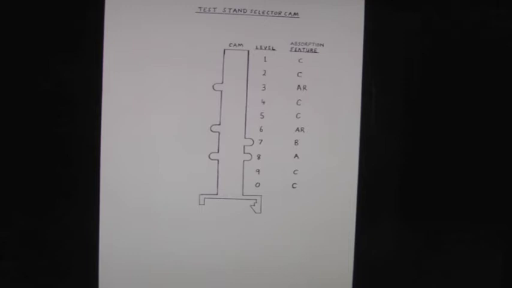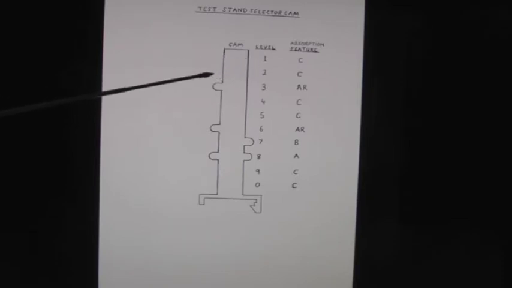We'll be describing these features in detail as the video progresses. Right now we'll just describe the cam setup for each feature. So here you can see that on levels 1 and 2 and 4 and 5 and 9 and 0 there are no teeth.